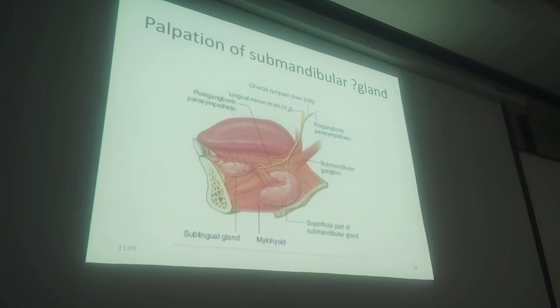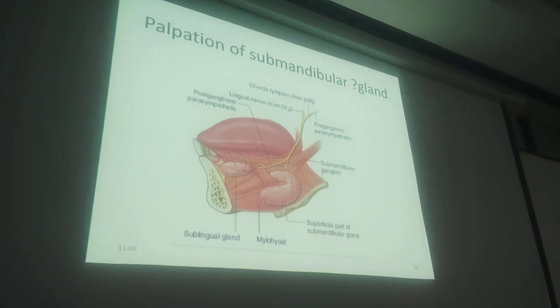Submandibular gland. There is a question mark before the gland. There are submandibular lymph nodes also. Are lymph nodes glands or are they not glands? You call it a lymph gland.